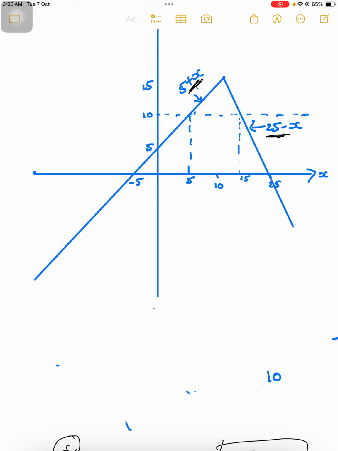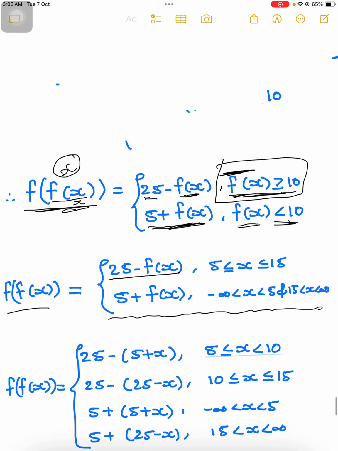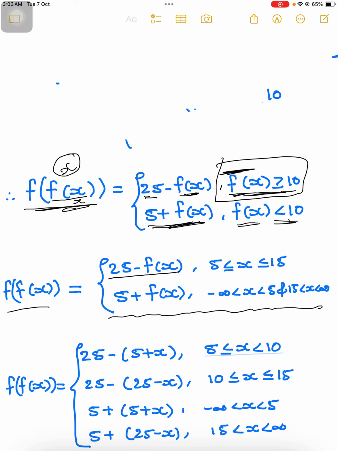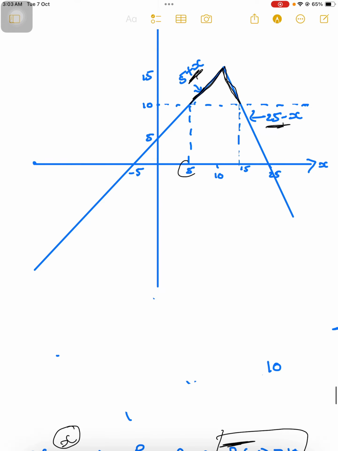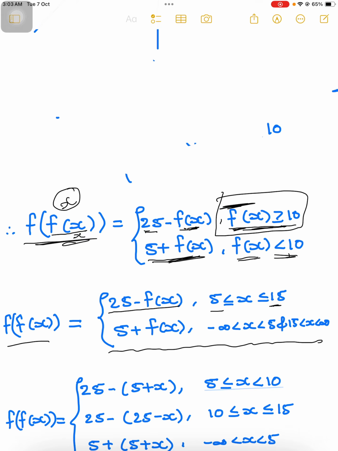Observe the graph. f of x greater than or equal to 10 means this complete part will come, that is x from 5 to 15, because for 5 to 15, f of x is greater than or equal to 10. You can see this clearly in the graph.